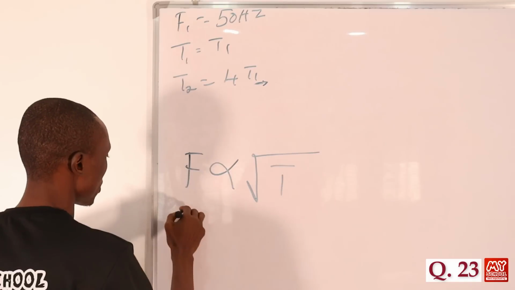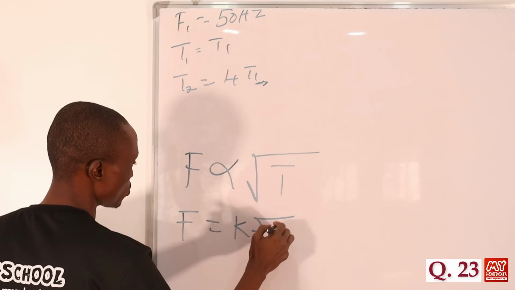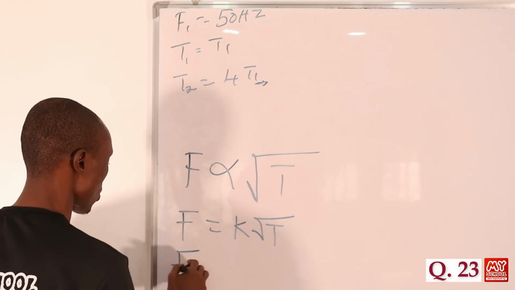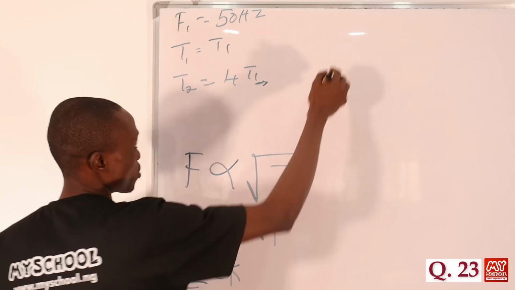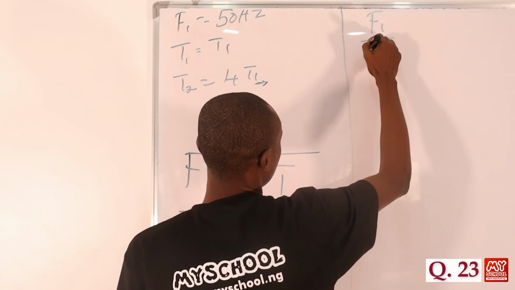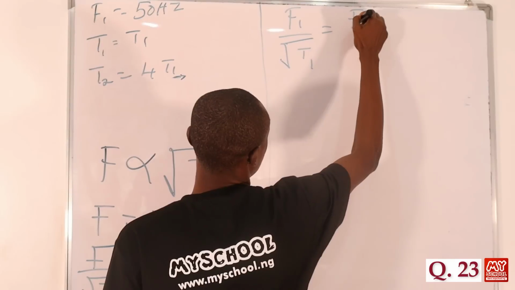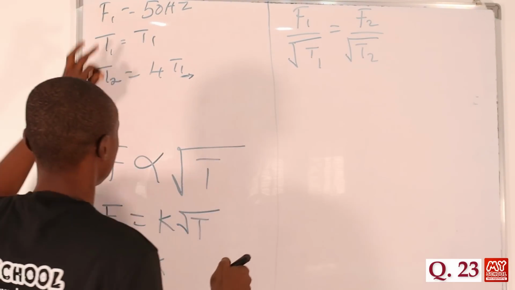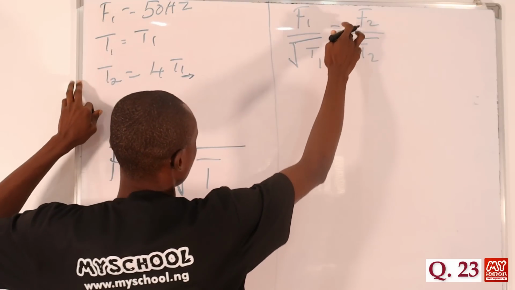If we make this an equation, we have F equals K root T. We make K the subject of the formula, so that F over root T equals K. Since this is a constant, we can have F1 over root T1 equals F2 over root T2. Let's substitute these values to get the value of F2.